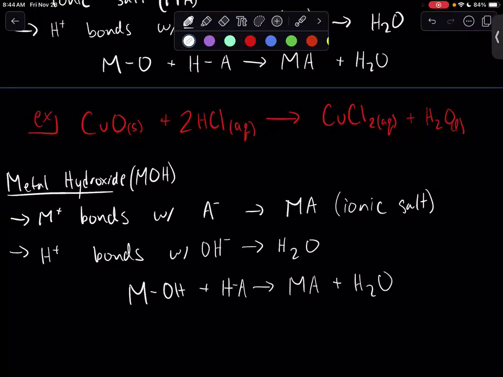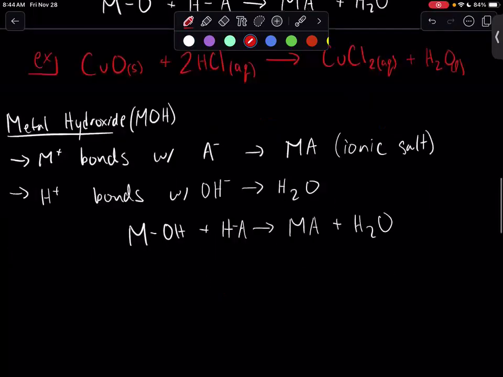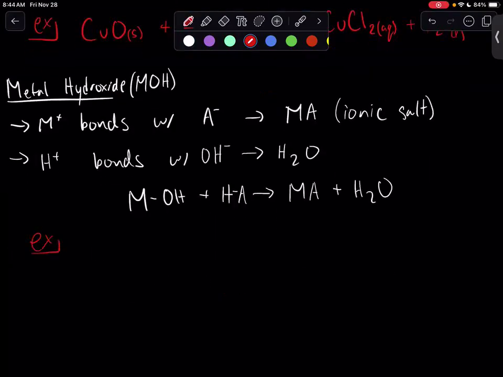And if we want to see a real example of this, we can look at the reaction of maybe sodium hydroxide, NaOH, and let's say this is already in solution, aqueous. We combine that with nitric acid, HNO3, also aqueous.